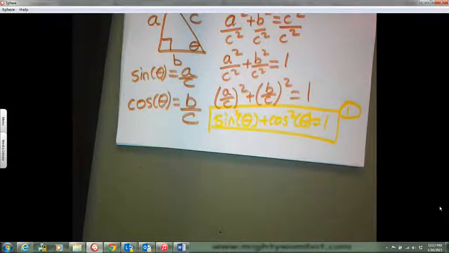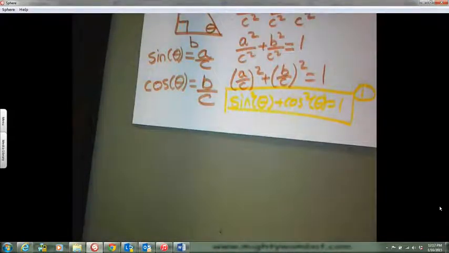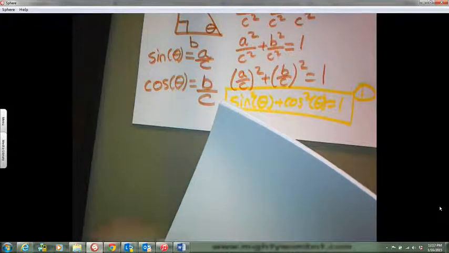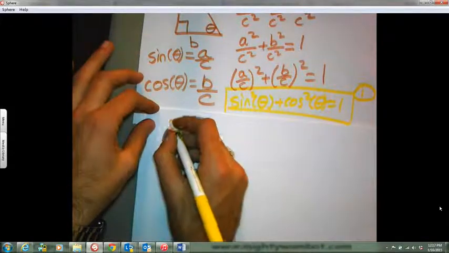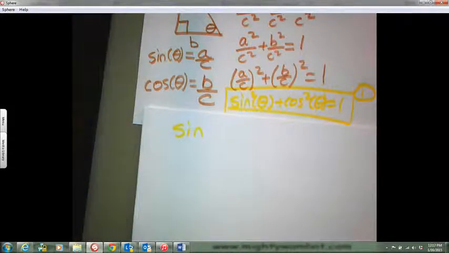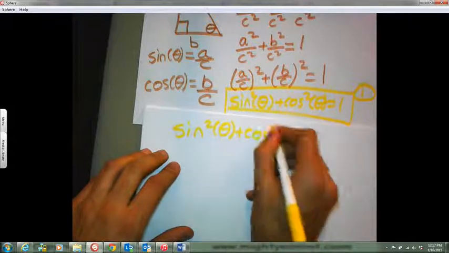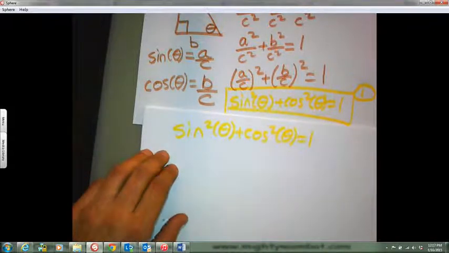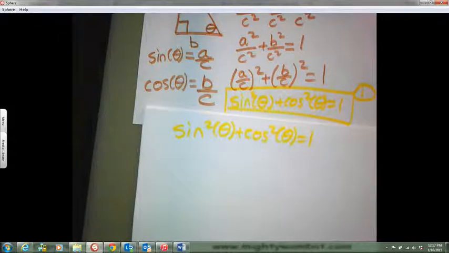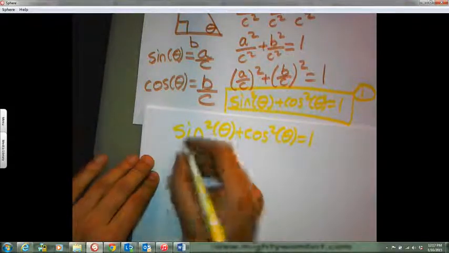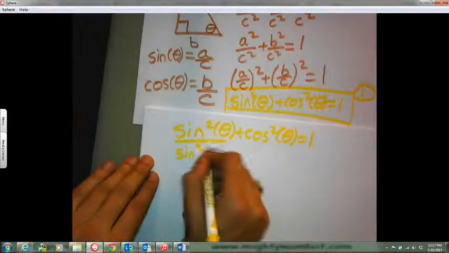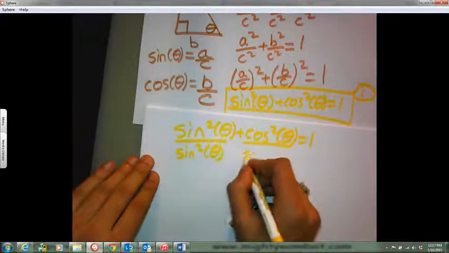Okay. There are two more Pythagorean identities, and here's how we get them. The second Pythagorean identity: here's the first one, I'm just going to rewrite that again. And simply, we're just going to divide everything by sine squared theta.